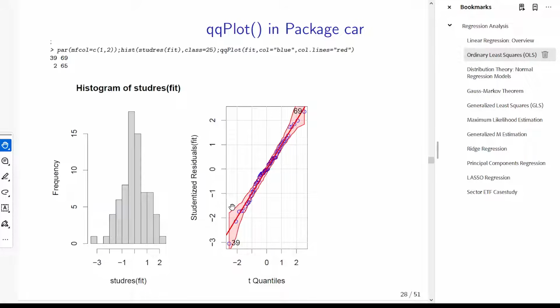And we have a histogram, which is unimodal and symmetrical. Here is what's called a quantile plot of the residuals, where the quantile plot will follow a straight line if the data are consistent with the normal distribution model.